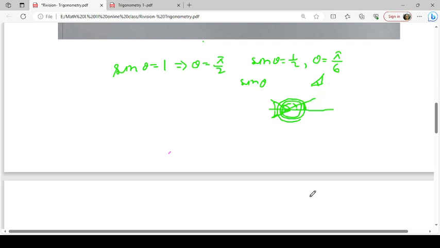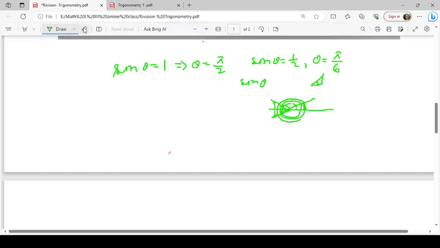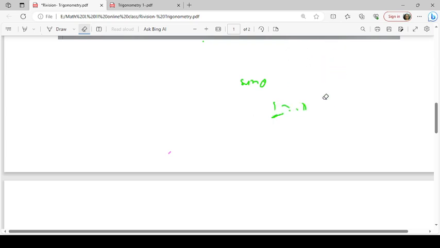Actually, if we see the graph, every function has a graph. So if we draw the graph, pi is a real number. This is the horizontal line, x varies along this.